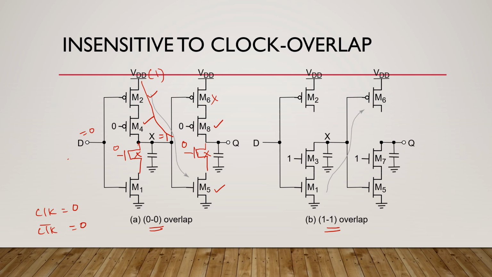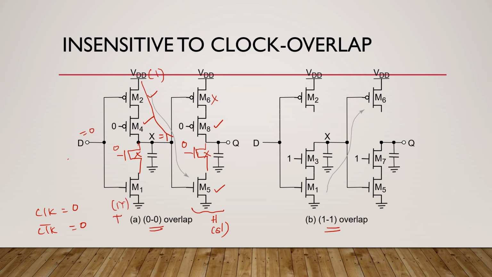So now you can see the first latch acts in transparent mode, but the second one is in hold mode. Hold means the output is not connected to supply or ground. Any power supply line is not connected to the output side, so it holds the previous value. That's why we say the second one is in hold mode, or it is the slave, and the first one acts as the master, that means it is in transparent mode.